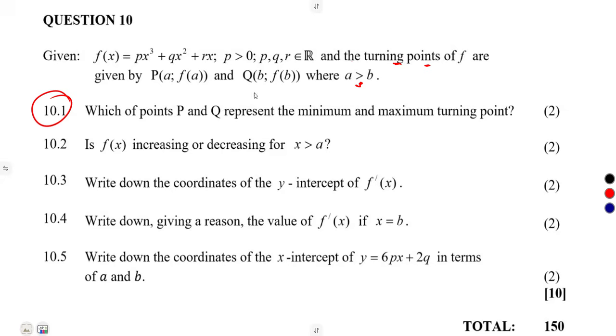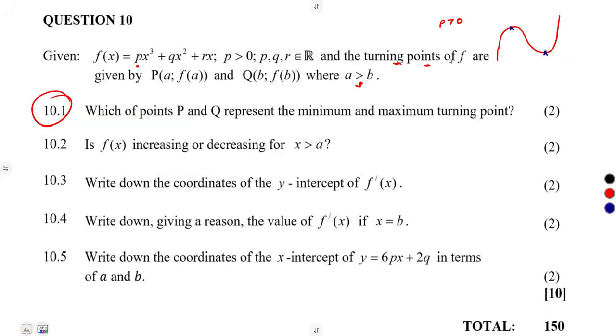Remember, we are told that p is greater than 0. So p is for the shape of the cubic function. When p is greater than 0, it means our shape is like this. So there are two turning points here, the maximum turning point and the minimum turning point.